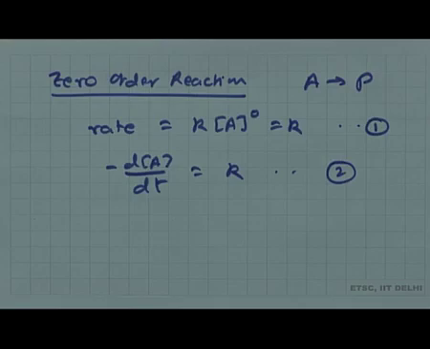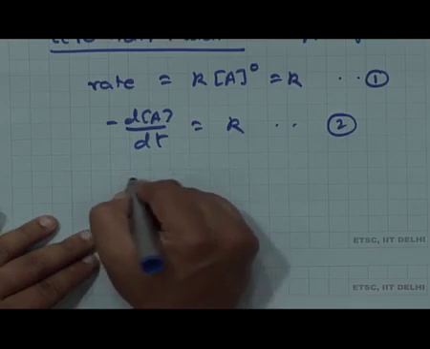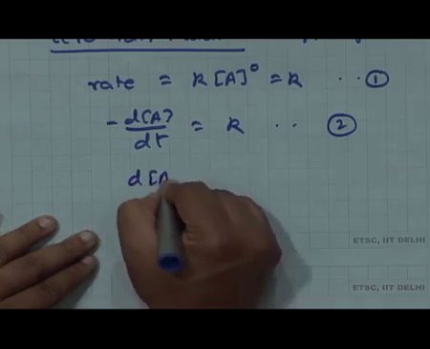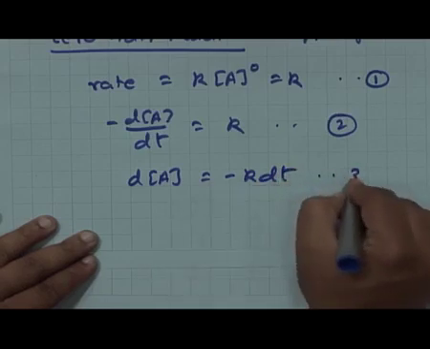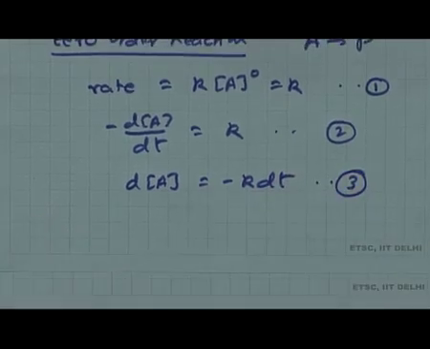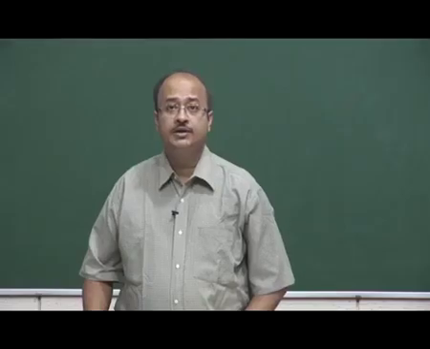Now, I can write this again as dA is equal to minus K dt. Sweet. So, I have two sides, two variables: one is dependent upon the concentration of A, the other is dependent upon the variable t, which is time.